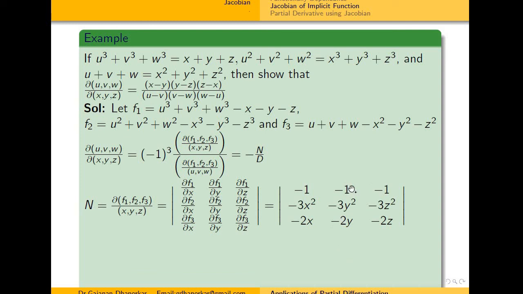Now, since the result is to be shown in factor form, we have to apply our rules for this determinant. If you solve the determinant directly, it becomes somewhat difficult to find the factors. So from the first row minus 1 is common, from the second row minus 3 is common, and from the third row minus 2 is common. Now try to make these terms 0, which is easy using column transformation.